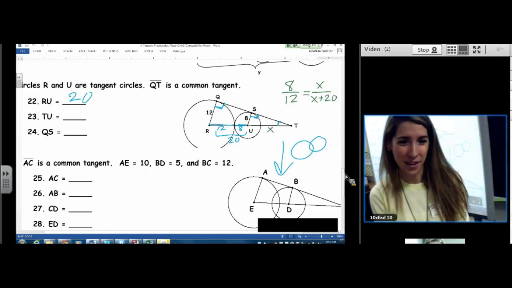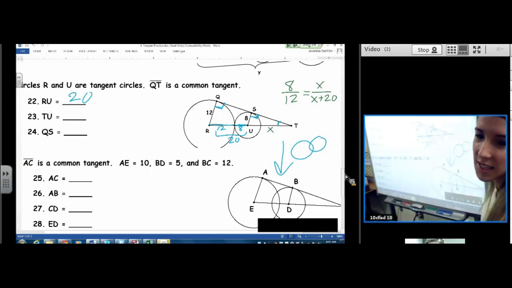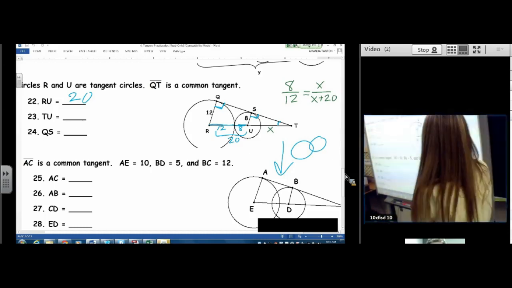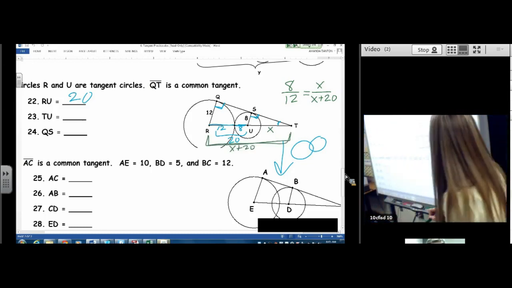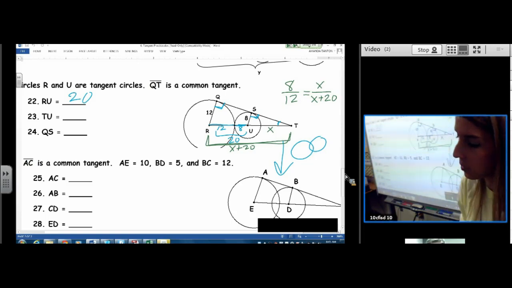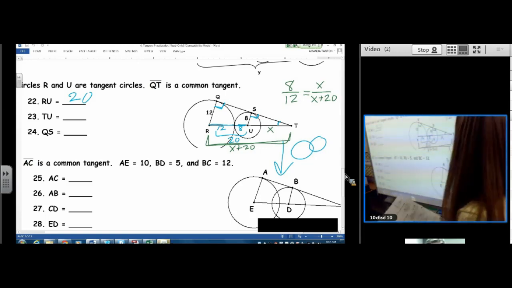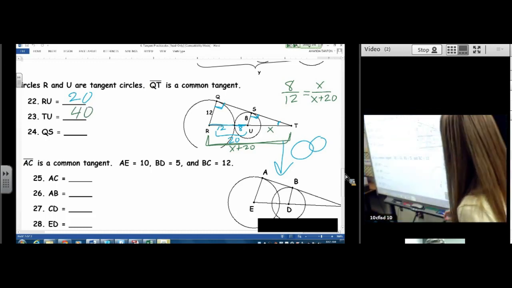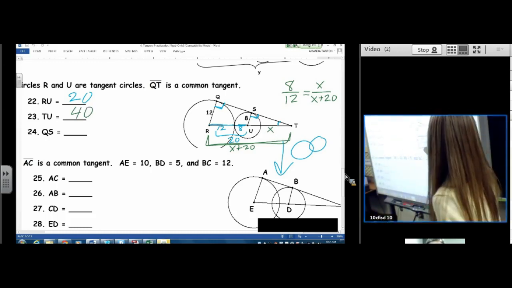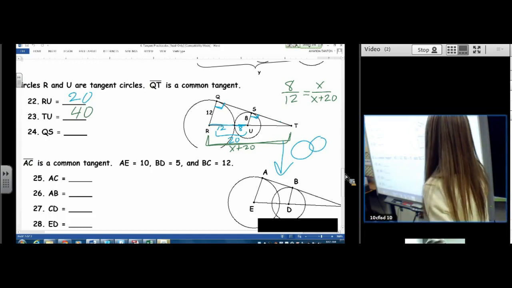You have to put X plus 20, okay? So 8 is to 12 as X is to, you have to use this whole thing, which is X plus 20. So you will cross multiply and you will do some algebra magic and you will get that TU is 40. So we now know TU, it's not X anymore, it is 40.